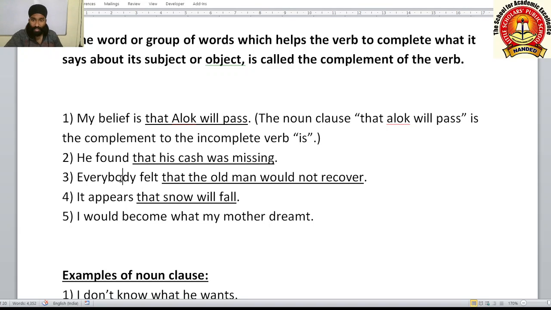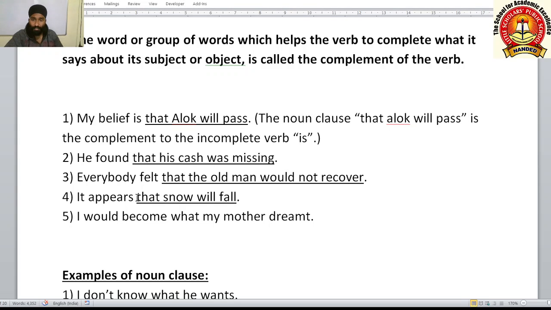Now, everybody felt that the old man would not recover. That the old man would not recover is the clause here, and it is acting as the complement to the verb felt. Everybody felt, what? That the old man would not recover. Now, it appears that snow will fall.